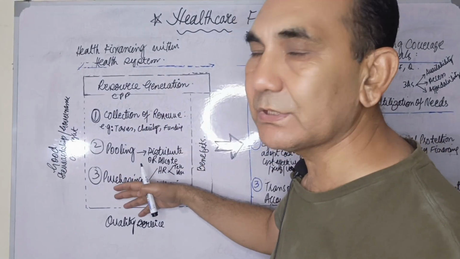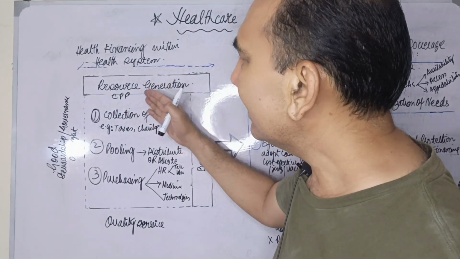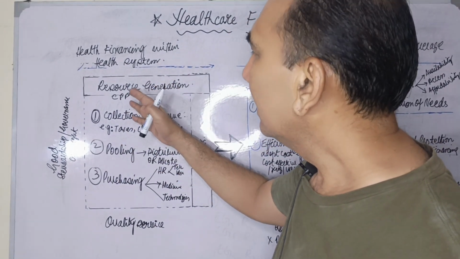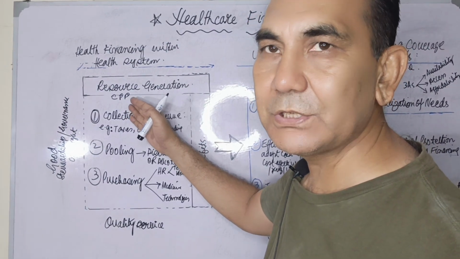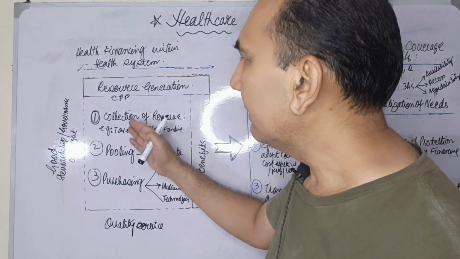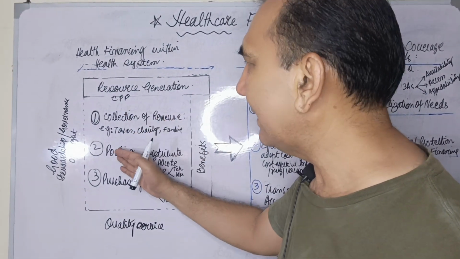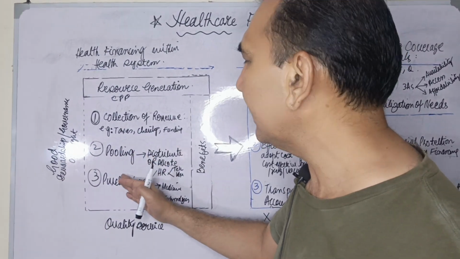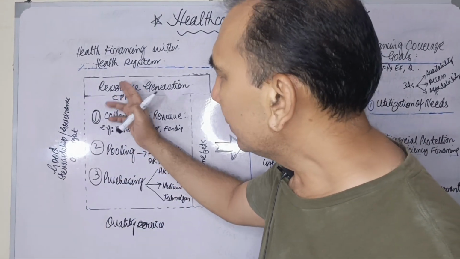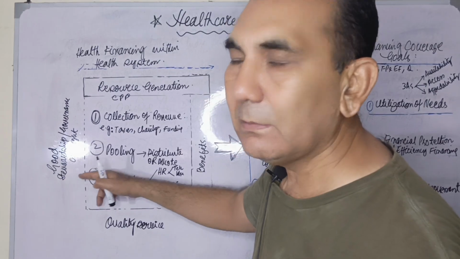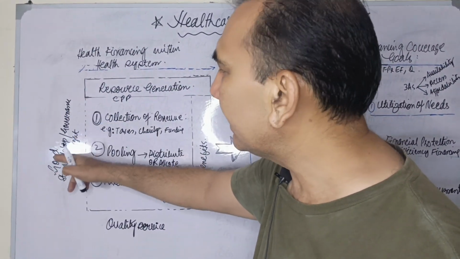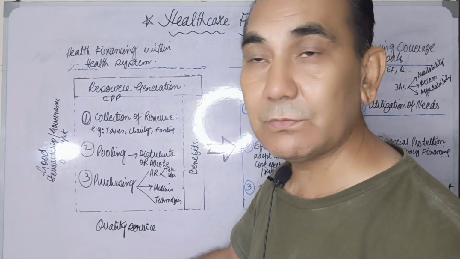Under resource generation, you should remember the abbreviation CPP. The first is the collection of revenue, the first P is for pooling, and the second P is purchasing. These three mechanisms should be monitored and evaluated by good governance and good stewardship.